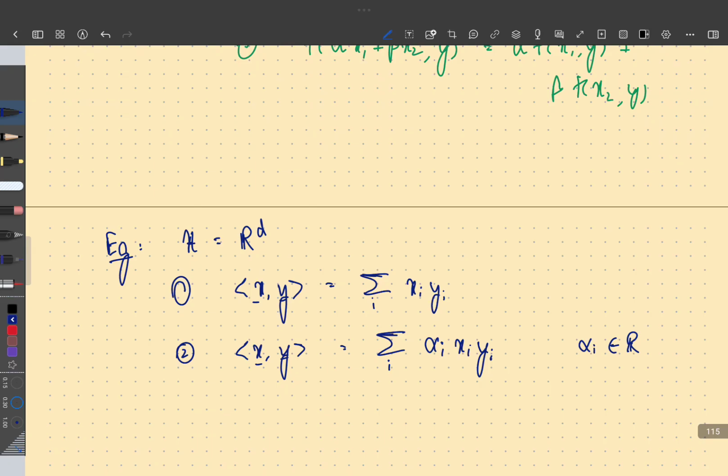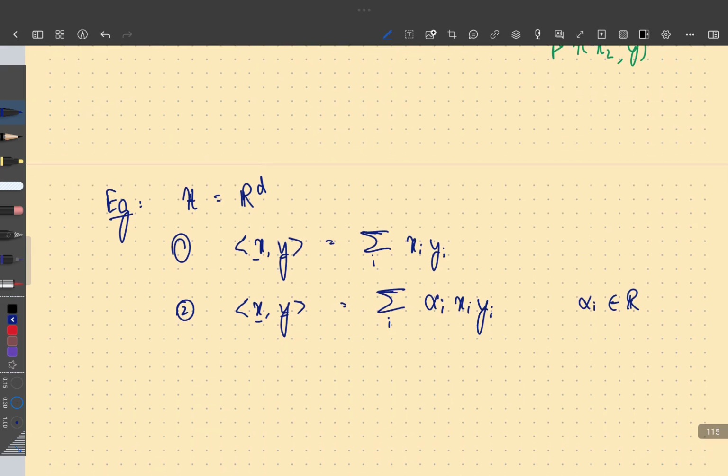Correct. So basically, if any of the alpha_i's is negative, and you choose the vector x to be all zeros except you take it to be the ith standard basis vector, then the inner product between x and itself is going to be negative, right? Should alpha_i's be strictly positive, or is it enough for it to be non-negative?